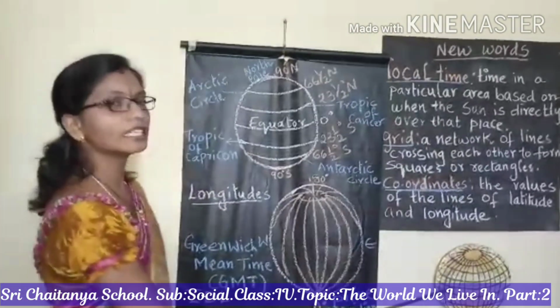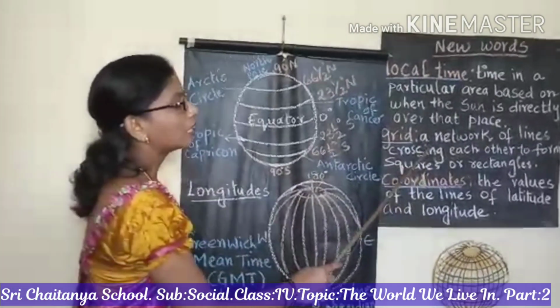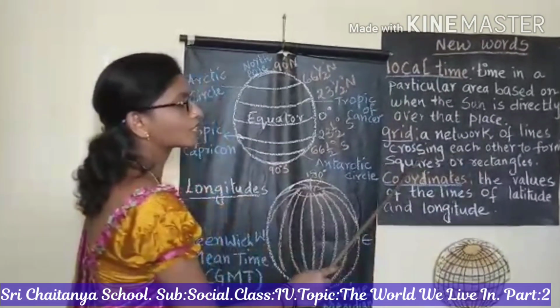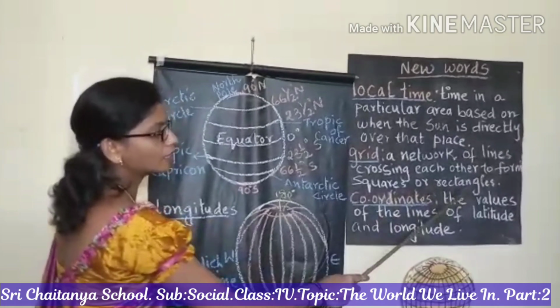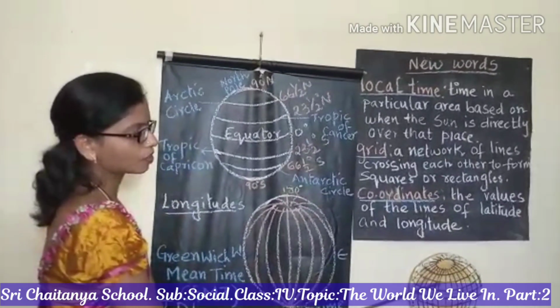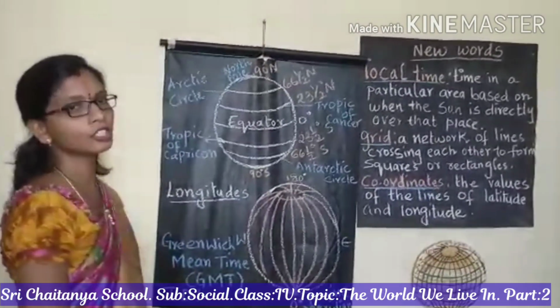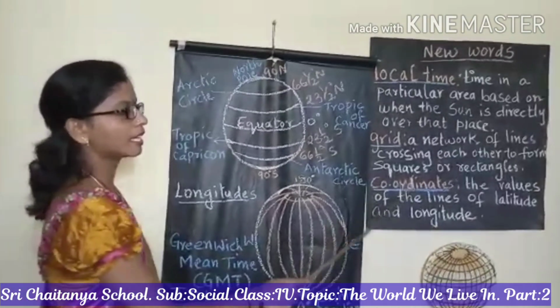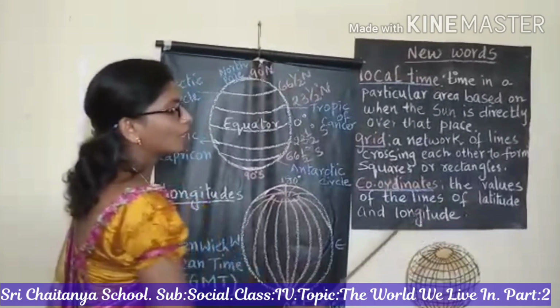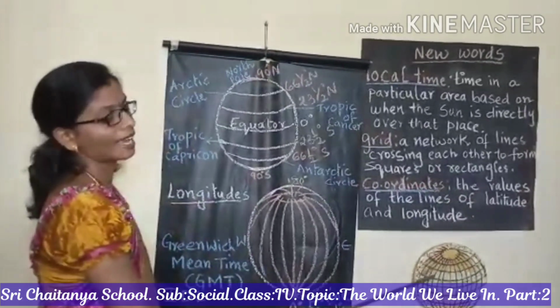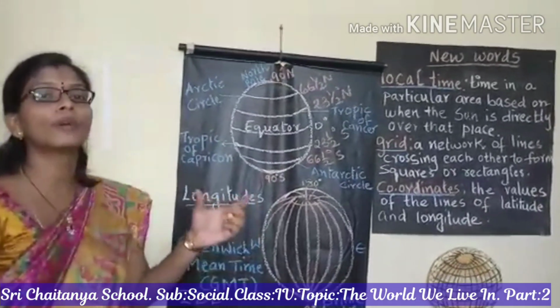Now, grid. What is this grid actually? A network of lines crossing each other to form squares or rectangles. These are the grids, which are squares or rectangles in shape. Coordinates: the values of the lines of latitude and longitude. The latitudes as well as the longitudes are given values.